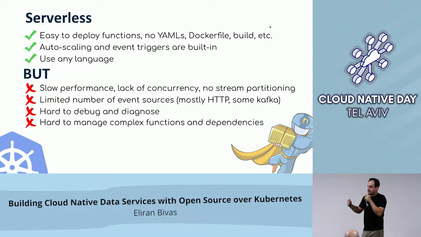And as the functions become more and more complex, it's becoming much, much harder to manage them all. And it's almost impossible to debug. If you have any experience working with Lambda, trying to debug a Lambda function is tedious work.